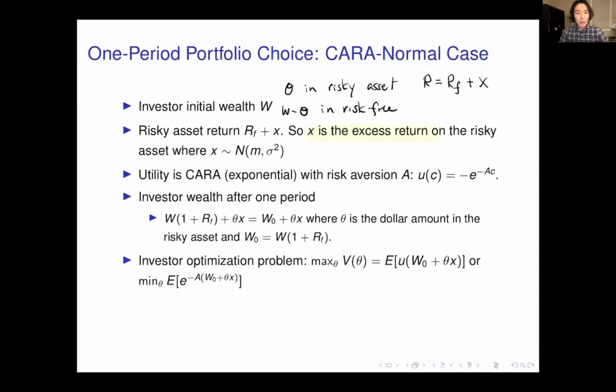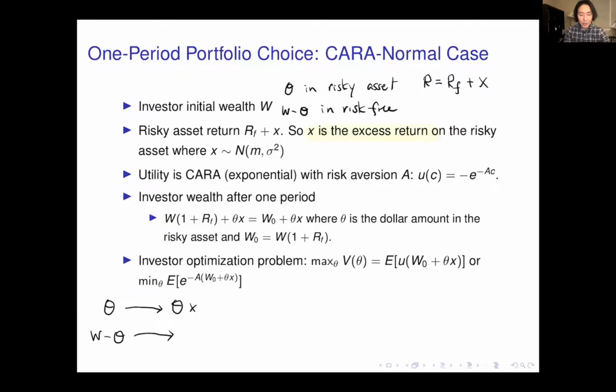Now, the investor's wealth in the next period is given in the following way, because he or she is investing theta dollars in the risky asset. Theta goes into the risky asset, and the remaining W minus theta goes into the risk-free asset.